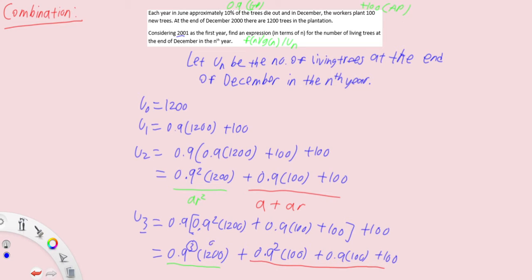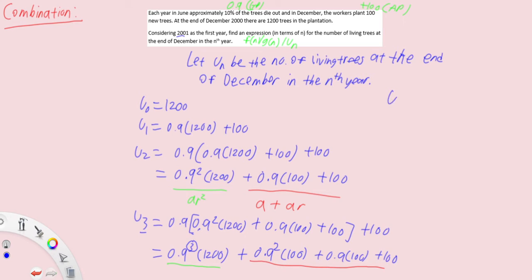Notice this will be A, this is R, this is n, power n. So the power on the left term would correspond to the n. On the right though, you notice the number of terms would correspond to n as well. So you see three terms here, number 3. If you look at U2, 2 terms here, number 2.